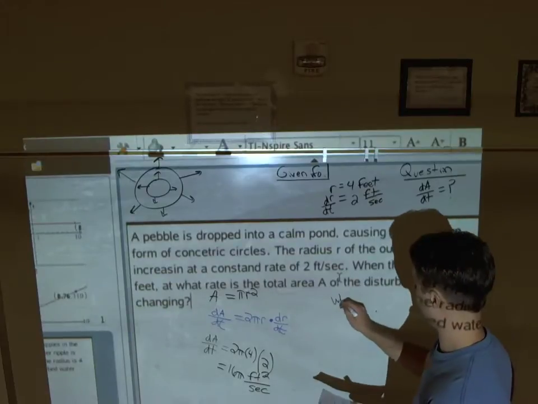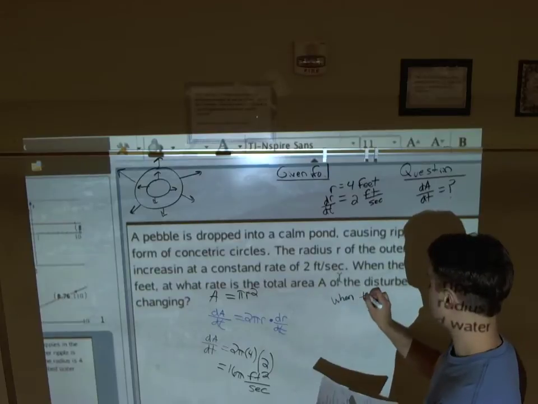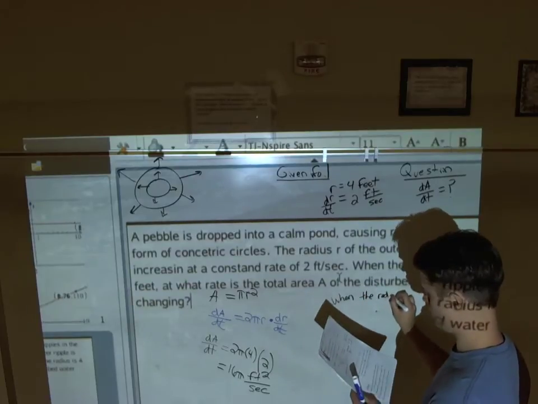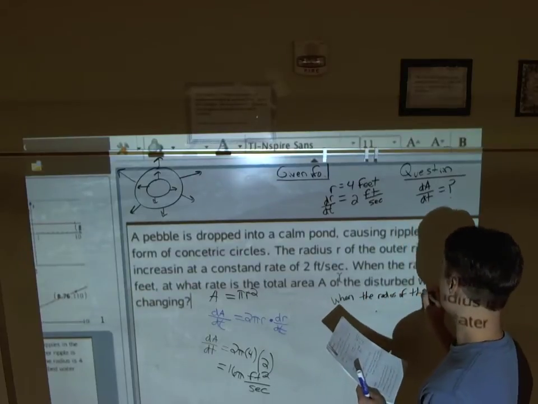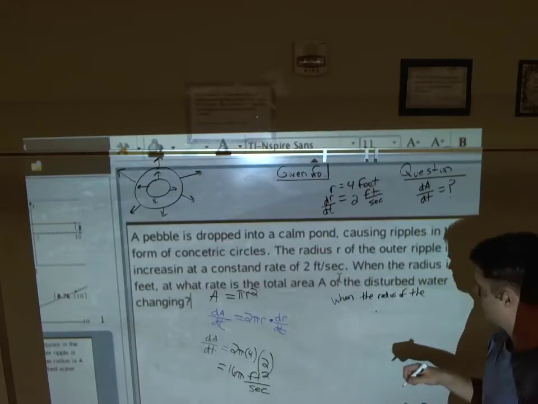The area is, go ahead, Paul. The area changes at a rate of 16 pi feet squared per second when radius is 4. Yeah, that's good. I like that. So I'm going to say when the radius of the, we've got ripples happening here, right? So which circle are we talking about? The outer one.